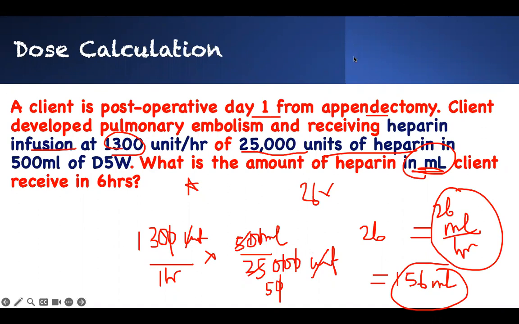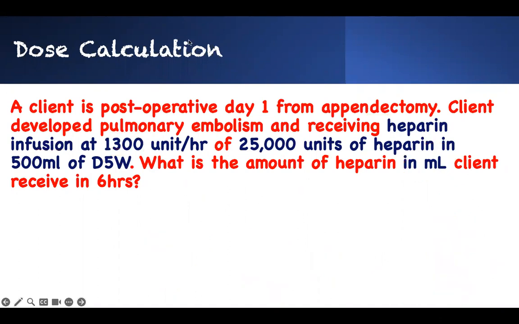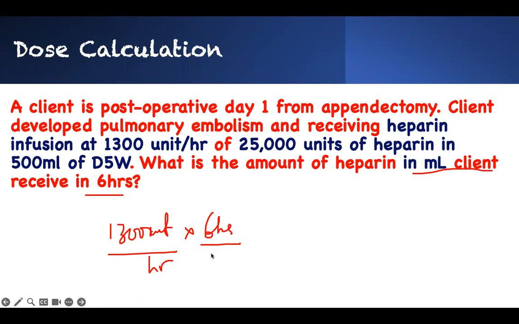So let me do it, and you can see it's the same thing. I put 1,300 units over hour. The question said in ml in 6 hours. So I put times 6 hours here. So the hours are gone. Okay, I put 1 here. The same thing. 500 over 25,000 units, ml.